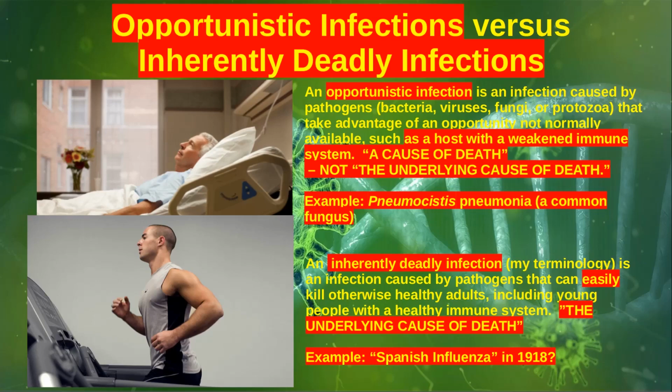It's not actually clear that such diseases exist today in the modern world. A probable historical example is the Spanish influenza in 1918, which reportedly killed large numbers of young people in their 20s who were otherwise healthy, at least according to the accounts at the time.